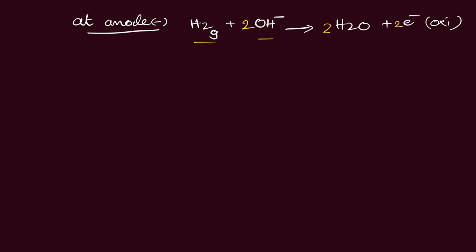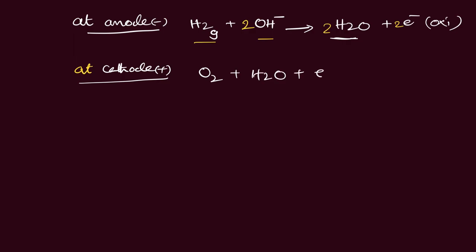Next, at the cathode. At the cathode, what is the charge? Positive charge in the galvanic cell. What are we passing here? Oxygen gas, and the water formed will come here, H2O, plus this electron will come here and convert into OH minus.